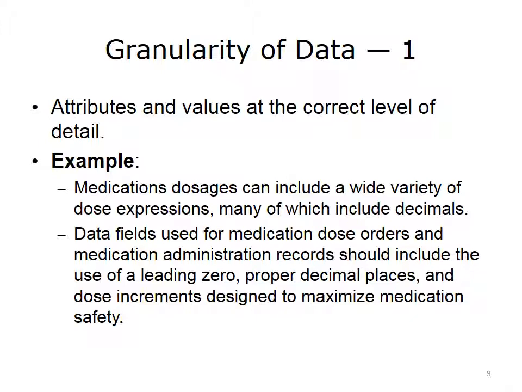Misinterpretation of decimal points and other dangerous dose expressions and abbreviations continue as a source of medication errors, causing tragic results for patients, their families, and unsuspecting healthcare providers who have made these mistakes. Proper programming and identification of the appropriate levels of granularity in HIT are intended as safeguards to prevent these types of errors.